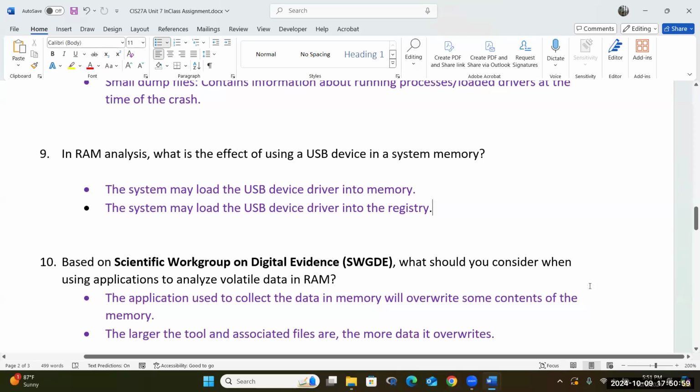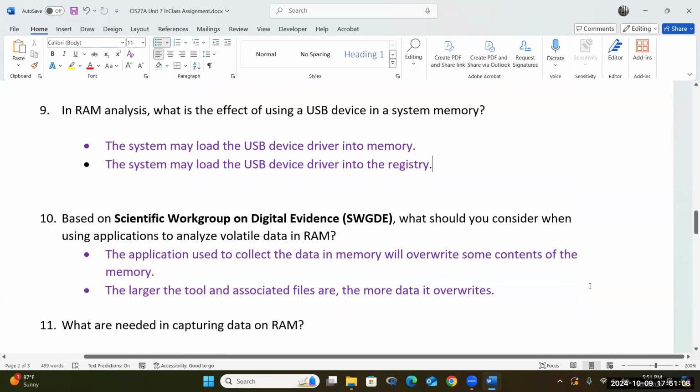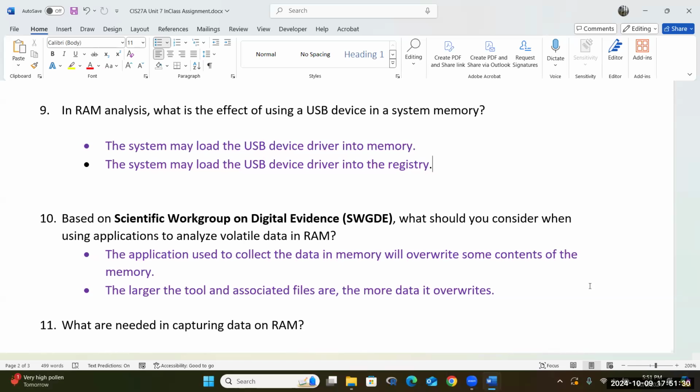And then for 10, it says, based on the Scientific Working Group on Digital Evidence, what should you consider when using applications to analyze volatile data in RAM? 1, the application used to collect data in memory will overwrite some content of the memory. Okay? So when you're using the application, it's likely that it's going to overwrite some of the data in the RAM. 2, the larger the tool and its associated files are, the more data is overwritten.